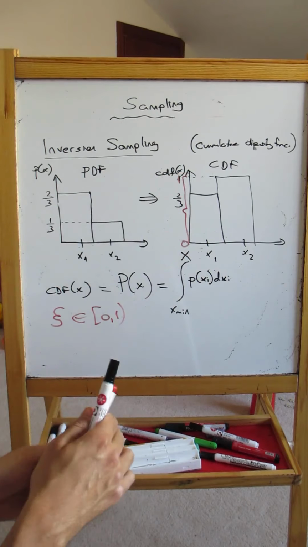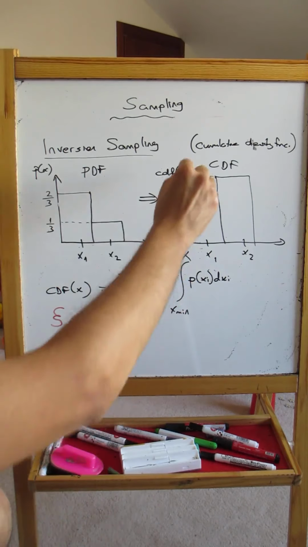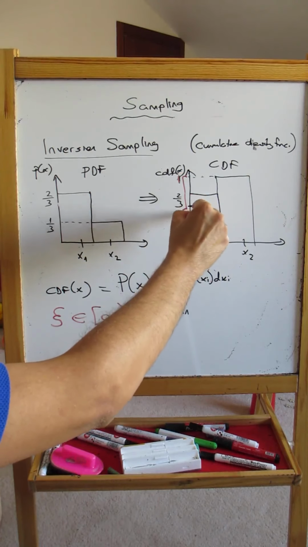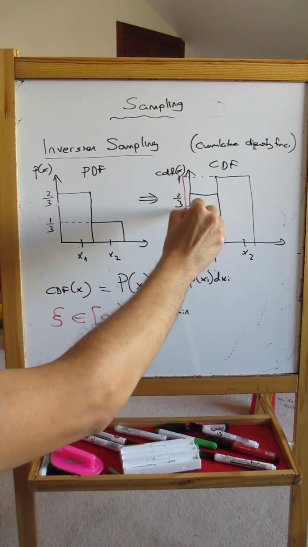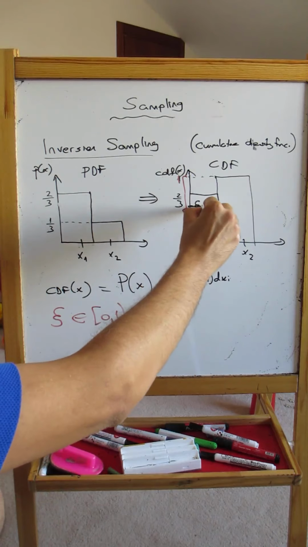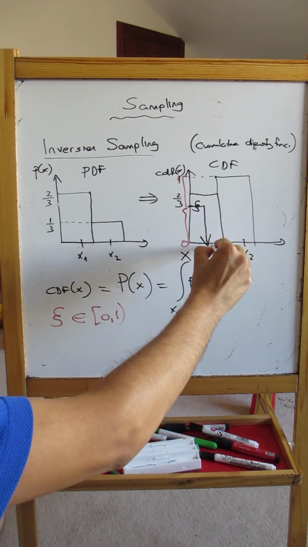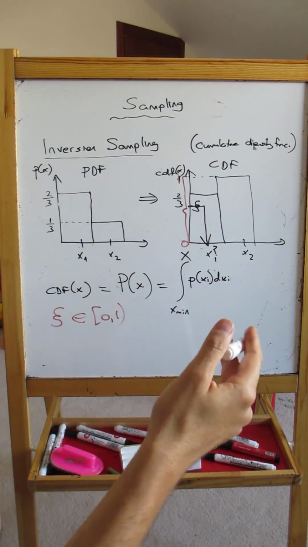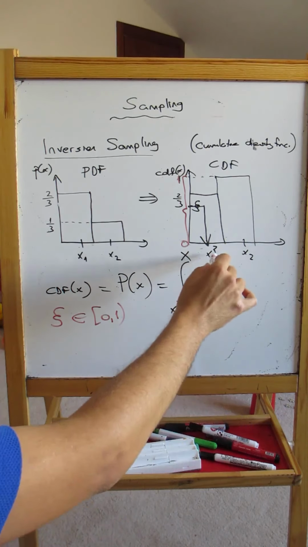Therefore, you can do the following: you generate a chi here. Let's say chi happens to be here. You generate a chi, and you look up what the value on the x-axis is. Oh, x1.